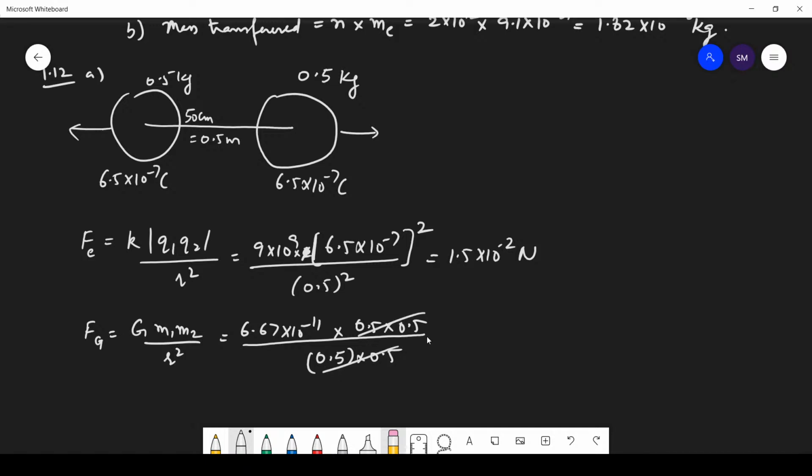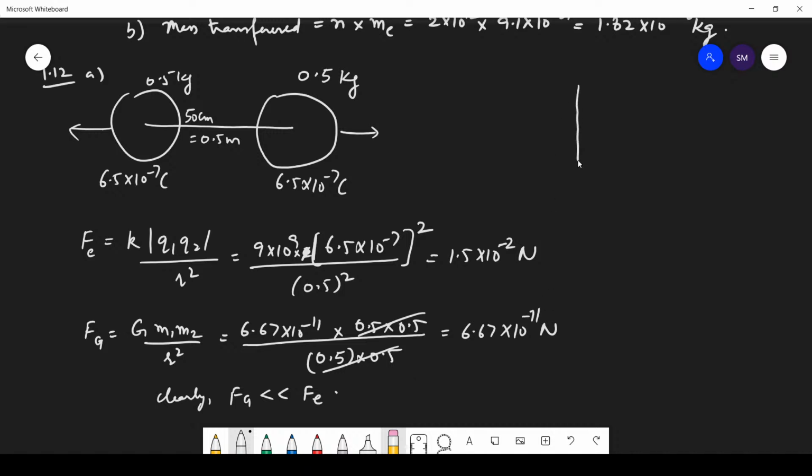This completely cancels out, and hence the force is 6.67 into 10 to the power minus 11 Newton. We can clearly see that this is 10 to the power minus 2 Newton, and this is 10 to the power minus 11 Newton. So clearly Fg is much smaller than the electrostatic force.